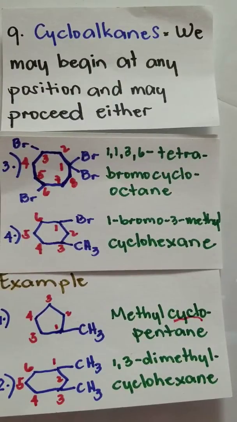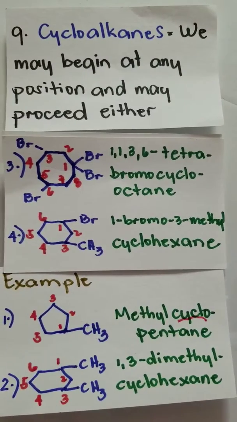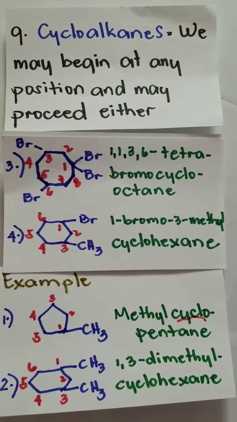But what about if you have two branches or three branches attached to your parent chain? You just make sure that your first group is nearest to, but this is a cycle, no? You're not going to consider any end, because there's no end. This is a cycle, a closed ring structure.